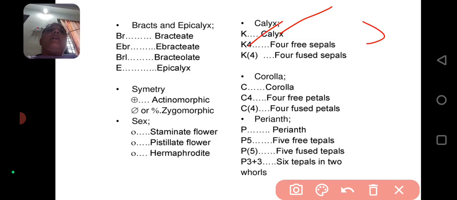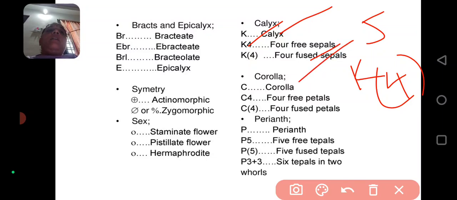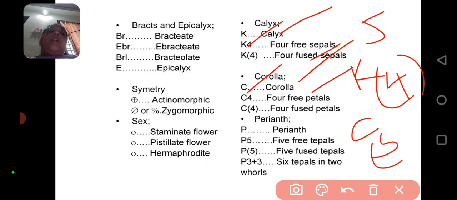If sepals are 5, write 5. If sepals are fused, write K with 4 in brackets. This is about the calyx. For the corolla, if the petals are 4, write C4. If you observe 5 petals, write C5. If petals are united, write brackets.